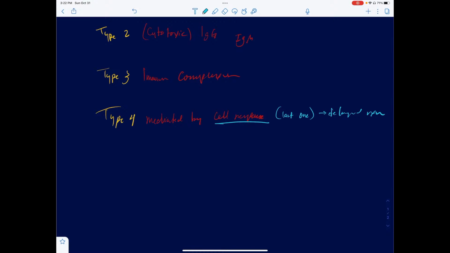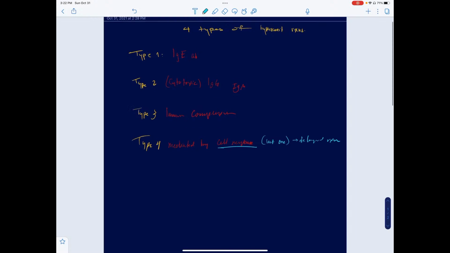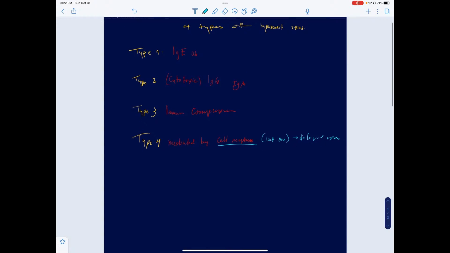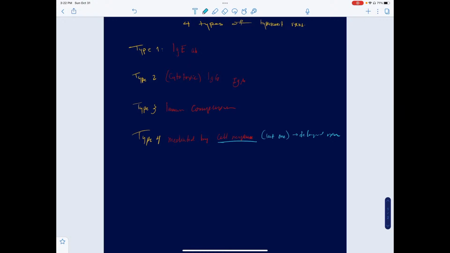All right. Now we know the basics of each of these mediators. And remember, type 1 IgE, type 2 IgG or IgM, type 3 is by immune complexes, and type 4 is by the cellular response.